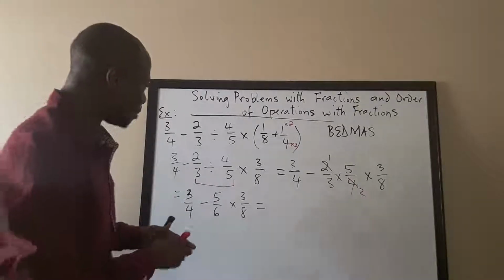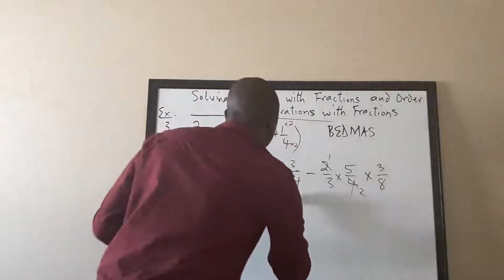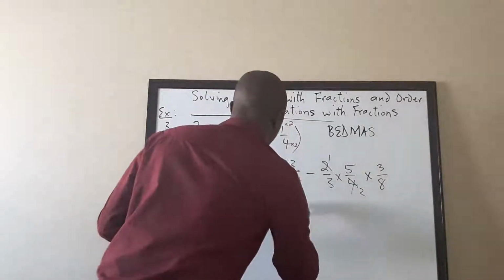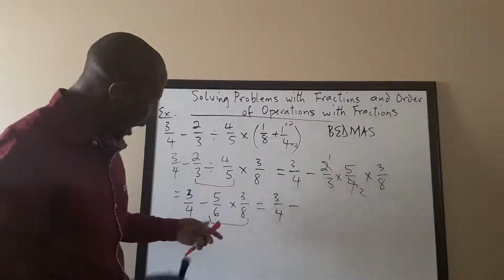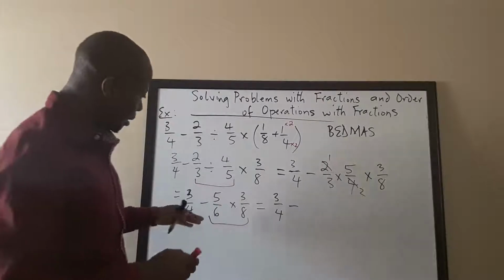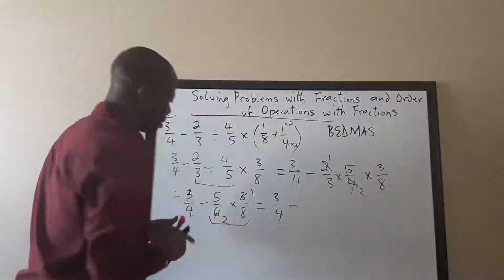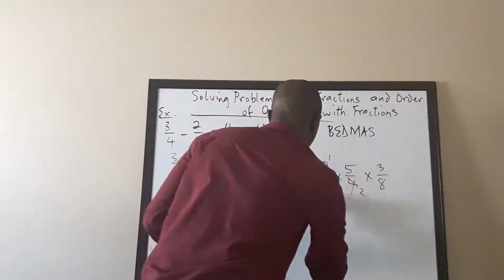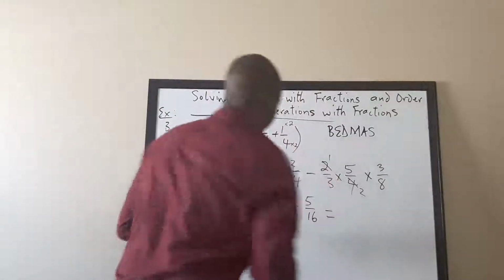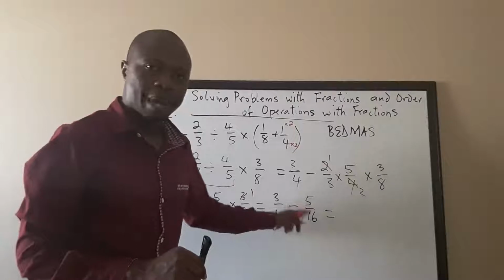So again, we have to multiply this. So equals 3 over 4 minus. So when we multiply this, I can cancel this out. So 3 here, 1, 3 here, 2. So I'm having 5 over 16. And all we have to do here is subtraction.